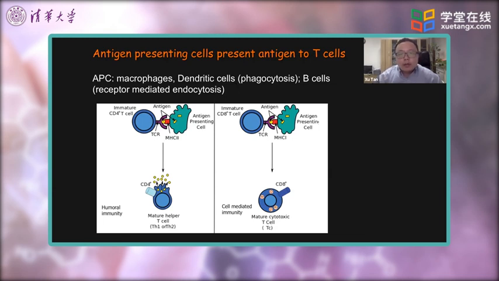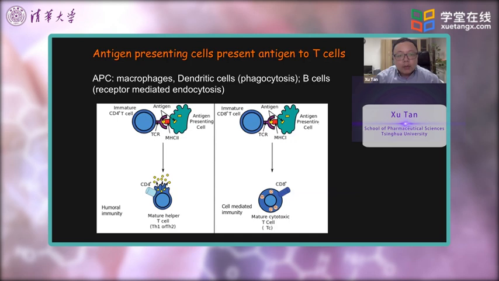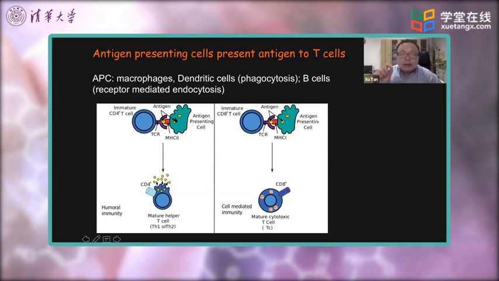Like I mentioned earlier, they engulf microbes or viral particles, and after phagocytosis, they break the foreign microbes into peptides and use their so-called MHC molecules on their cell surface to present the foreign peptide on the cell surface. So these are so-called antigen-presenting cells, mainly macrophages, dendritic cells, as well as B cells. Basically, the peptide is presented on the surface of antigen-presenting cells. It's sort of like raising a flag on the cell surface.